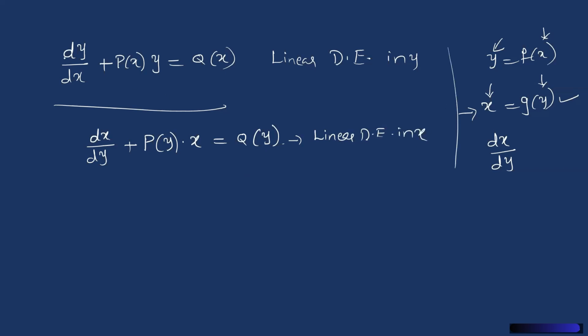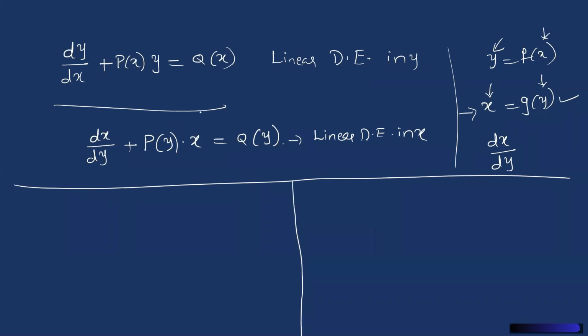When the dependent variable is y, it is a linear differential equation in y, and when the dependent variable is x, it is a linear differential equation in x. In either case, we now need to find the solution.